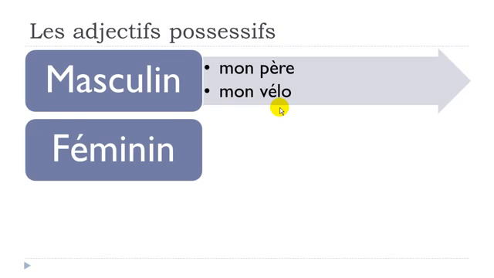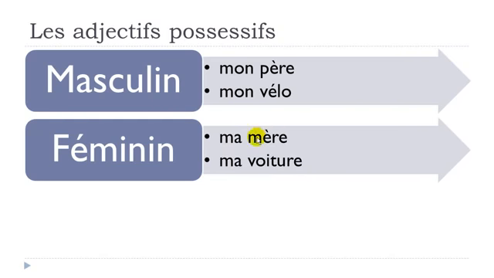All right, let's see now two examples for the feminine. Mother is feminine, and then you will have ma mère. Ma mère, my mother. Here you've got voiture. Voiture means car, a car. And it's feminine, so une voiture. Same thing here, you will put the feminine form, ma voiture.